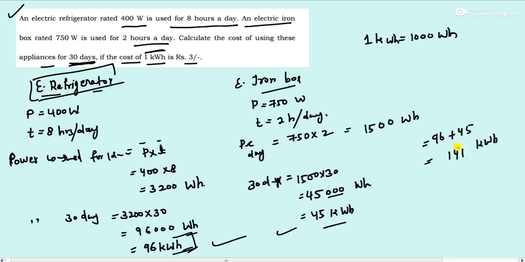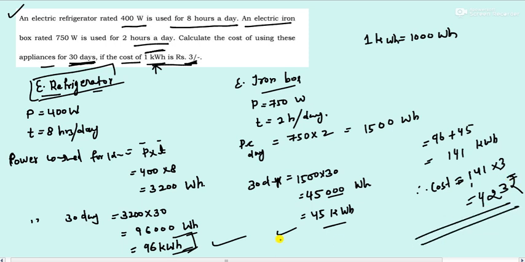Therefore now you can write the cost of using this for 30 days is, for 1 unit it was 3 rupees. Okay, for 1 kilowatt hour. For 141 it will be 141 into 3, which is 423 rupees only.